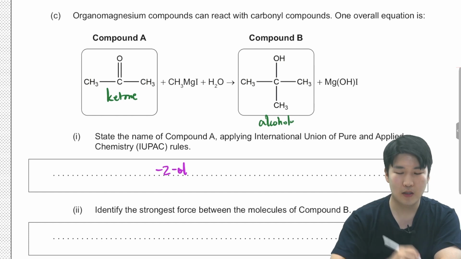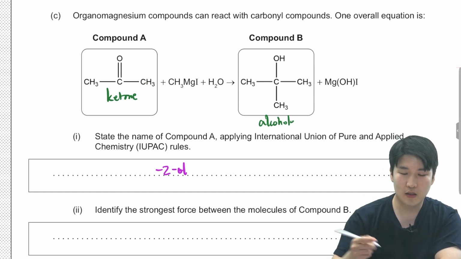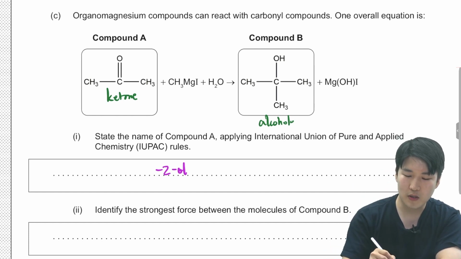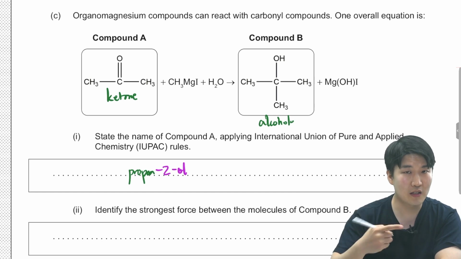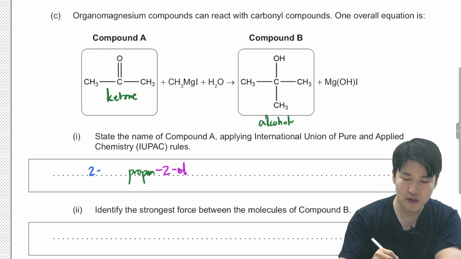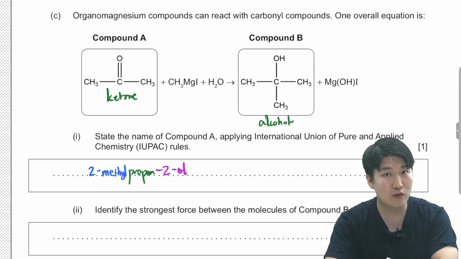Now the stem, the carbon skeleton, has 3 carbons, therefore we'll designate propanol and assign the substituent methyl group at carbon 2 position, therefore 2-methylpropan-2-ol.